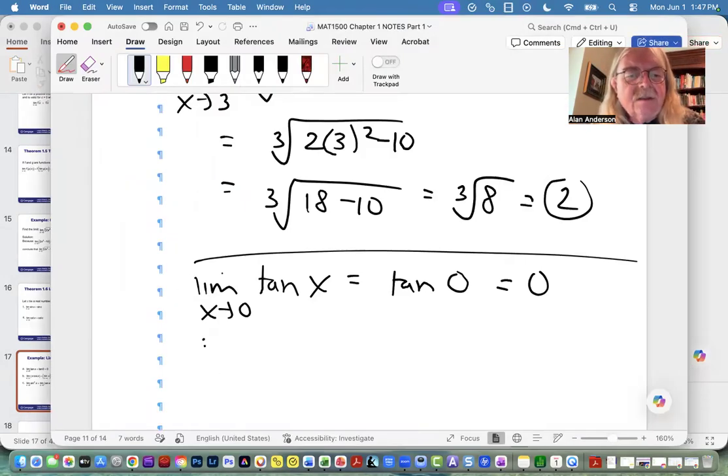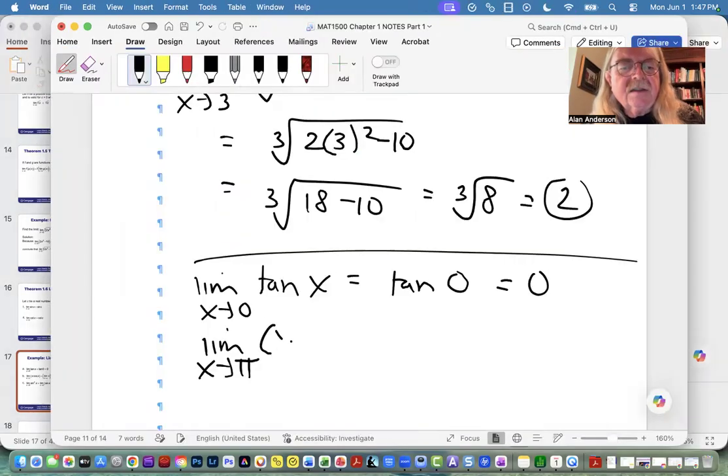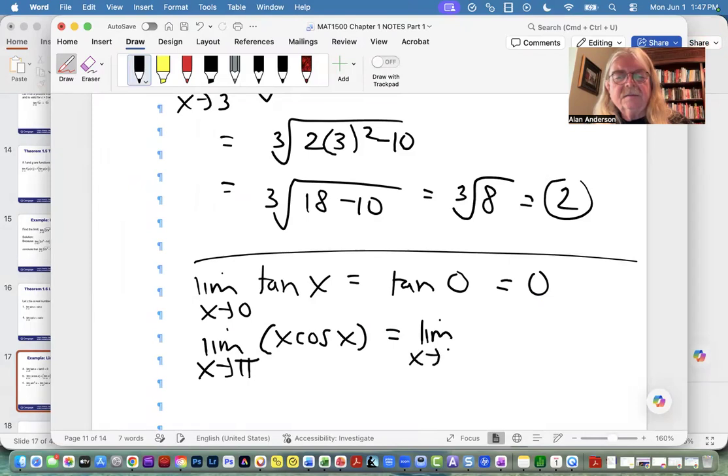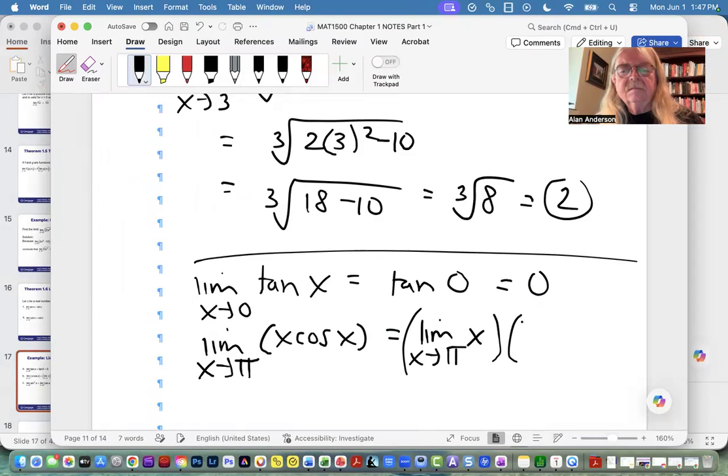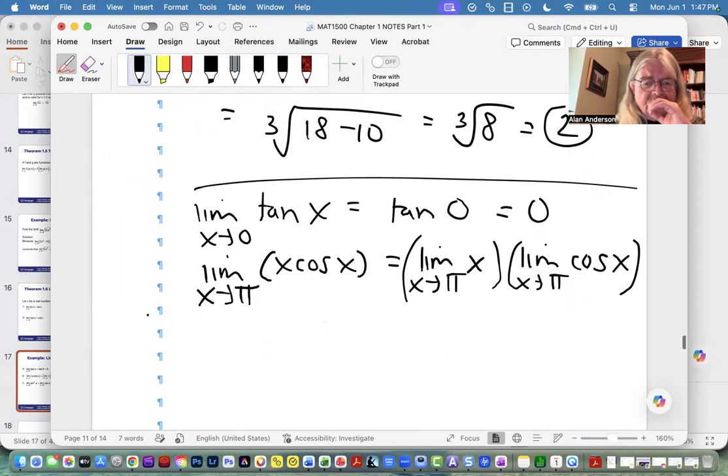Now, this next one, oh my God, we're back to radians. X cosine X. So I'm going to make a little switch here on my calculator. Okay. Now, the first one is just pi.